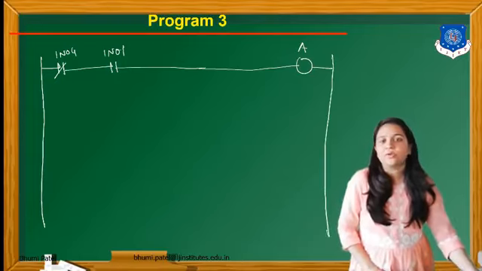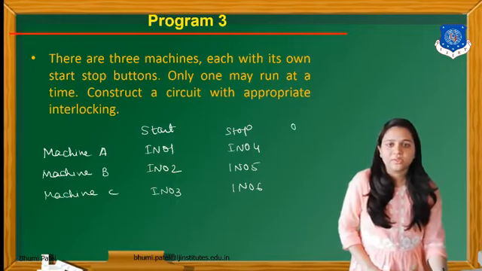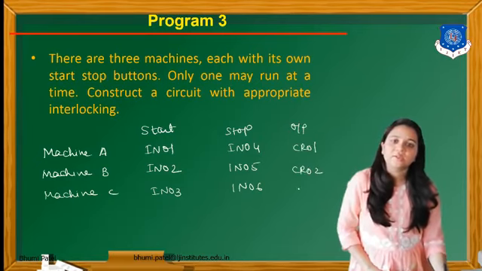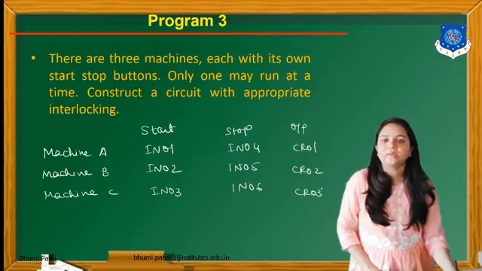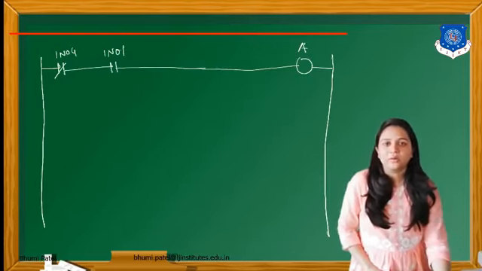Okay, we also have to define the output signal. For machine A, the output is CR01, for machine B it is CR02, and for machine C it is CR03. So we can put here CR01.